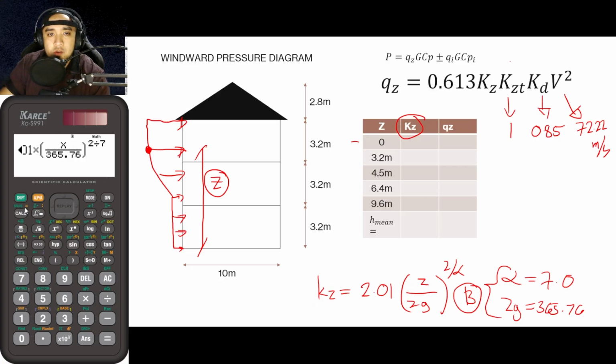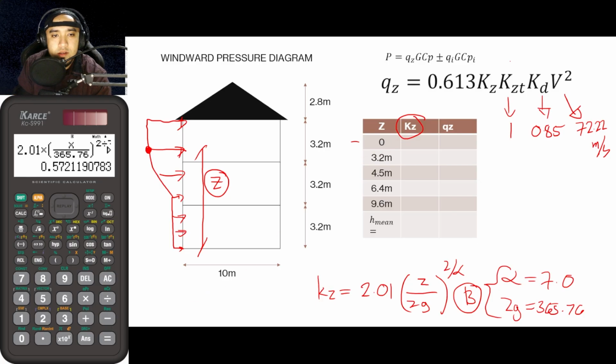So for the first data here, we would be making use of a value of z as 4.5. From that, the answer here is 0.5721.